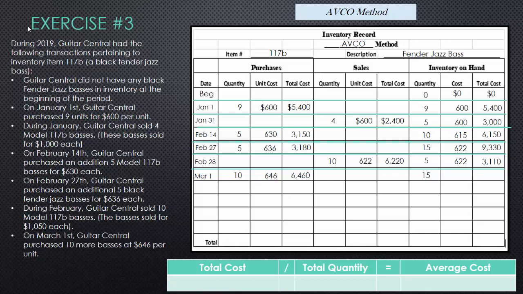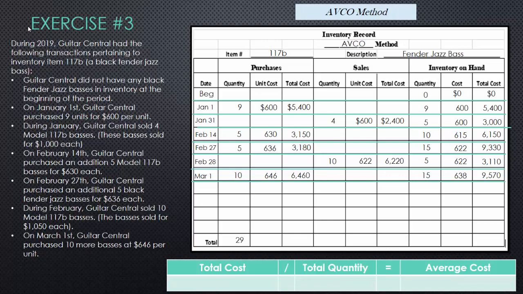We just spent another $6,460, so the total cost of acquiring these 15 basses is going to be $9,570. One more time, we need to figure out what our average cost is by taking our total cost, dividing it by our total quantity, and coming up with our average cost. Our average cost in this case is $638.